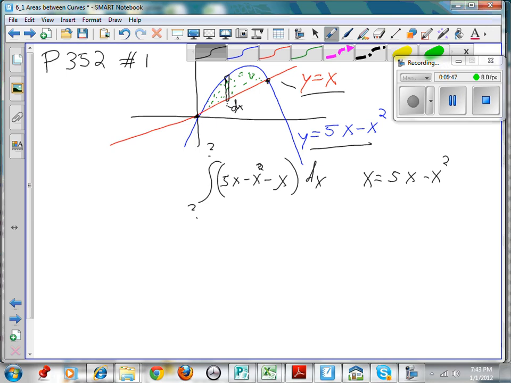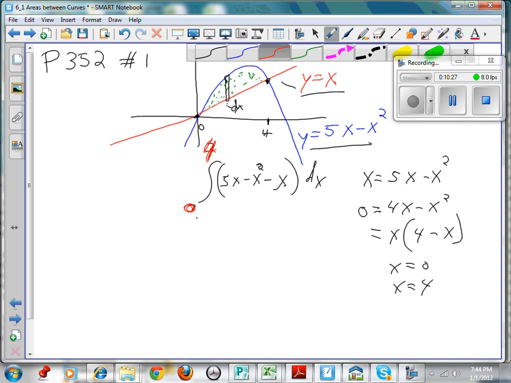Let's solve this. 0 is equal to 4x minus x squared. I'm going to pull out an x, and I get x times 4 minus x. It looks like it's 0 at x equal to 0 and x equal to 4. So what are my limits then? I'm going to go from 0 to 4.